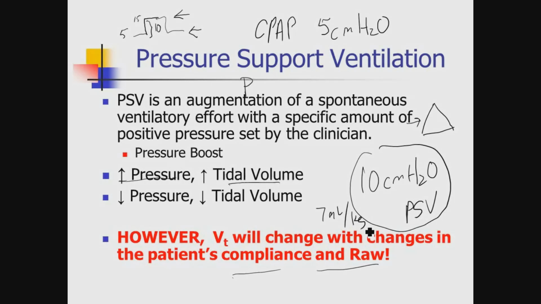It's not the end-all be-all, but pressure support ventilation is an augmentation of a spontaneous breath. Pressure support can only work when you have spontaneous breaths available. If all I have is mandatory, it doesn't work because there's no spontaneous breath to apply it to.